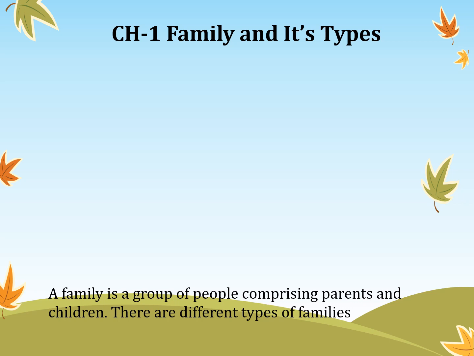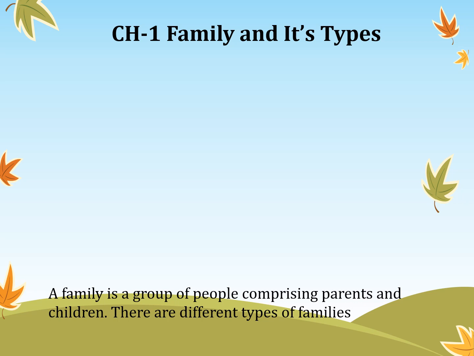We can also say we are also a family, right? We are not attached to each other by blood relations, but we are a type of family. So basically, it comprises parents and children. If we talk about blood relation, we have parents and children.